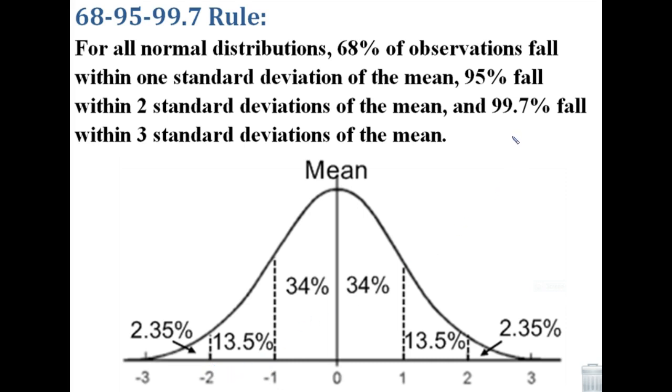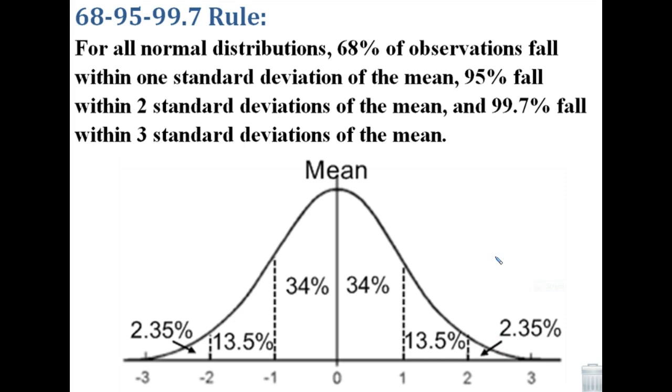And then by the same manner, 99.7% fall within 3 standard deviations of the mean. So if I go from 3 down to 3 up and subtract out the 95% in the middle, divide by 2, I'd end up with 2.35% on the left, 2.35% on the right. And again, this will be true for all normally distributed data sets.